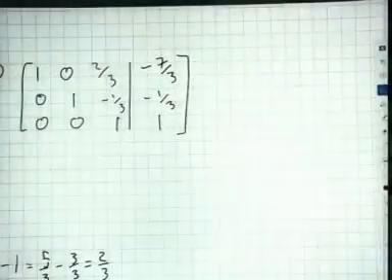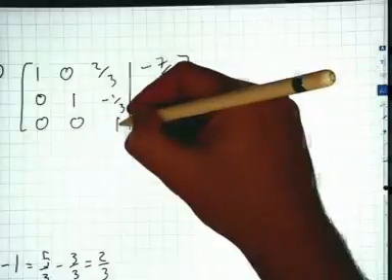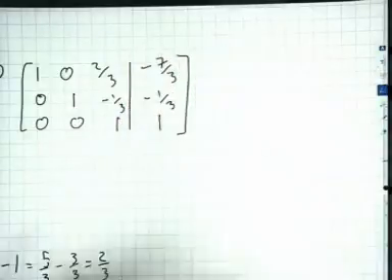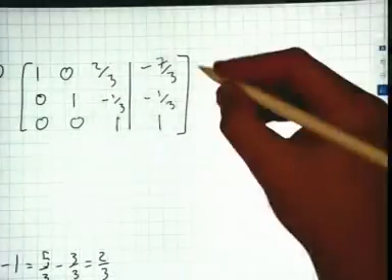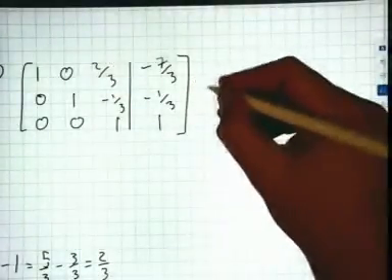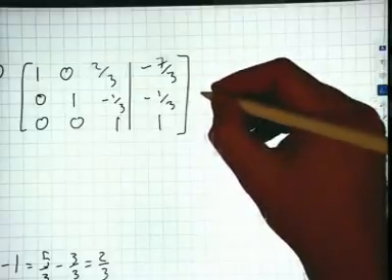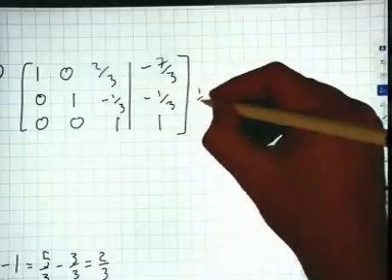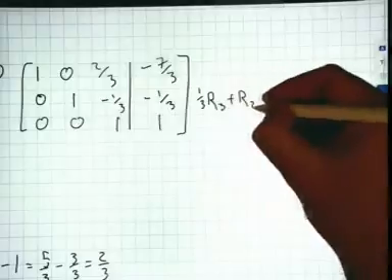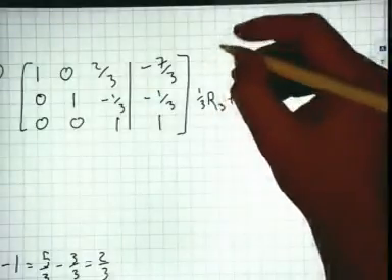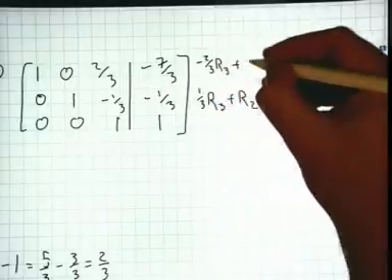And now what we want to do is make the elements above this 1 in row 3 become 0. We want this and this to become 0. So here's what I would do. I would take 1/3 of row 3 and add it to row 2. And at the same time, I'm going to take negative 2/3 of row 3 and add it to row 1.